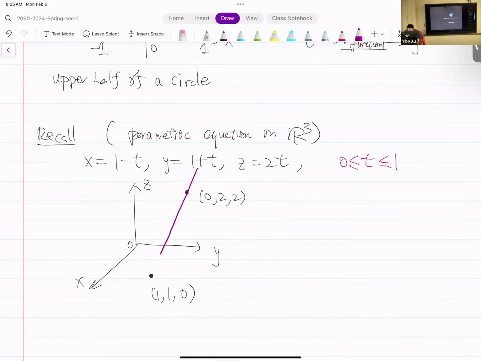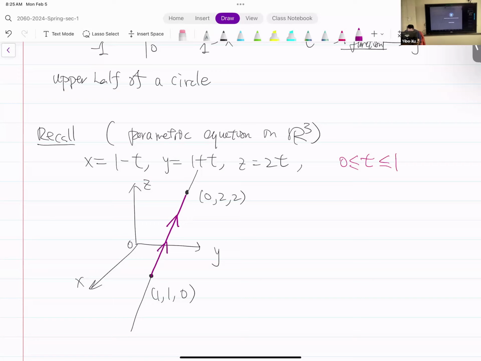Let me think about it. So yeah, I'm going to put this in black. So this is the line that has the parametric equation in black. Okay. But now if we think about the parameter from 0 to 1, we are looking at the way that you travel from the bottom point to the top point.